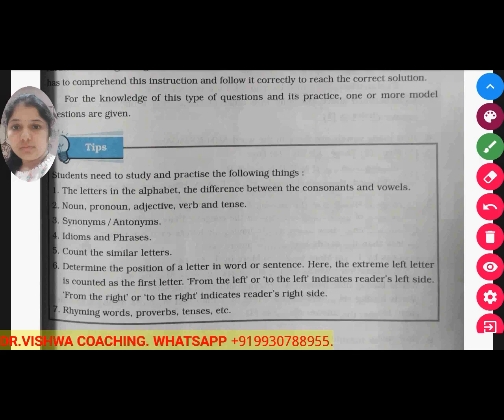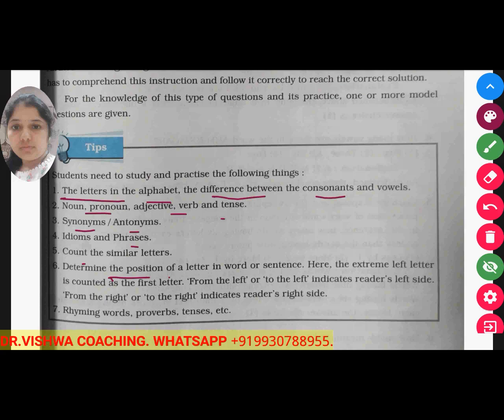So the questions can be asked on the following topics: letters in the alphabet with difference between the consonant and vowel, noun, pronoun, adjective, verb, tenses, synonyms, antonyms, idioms and phrases, similar letter we have to count, determine the position of letter or word in the sentence.